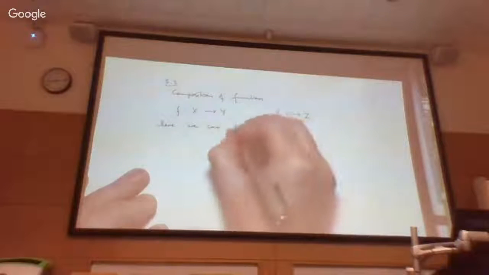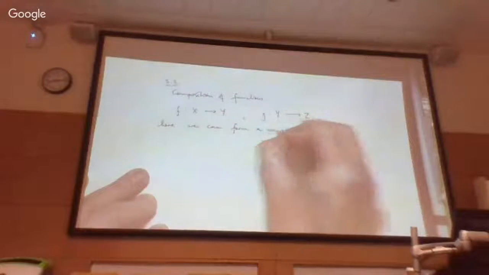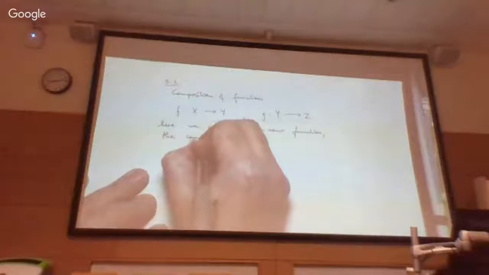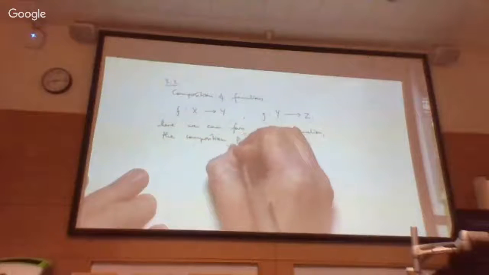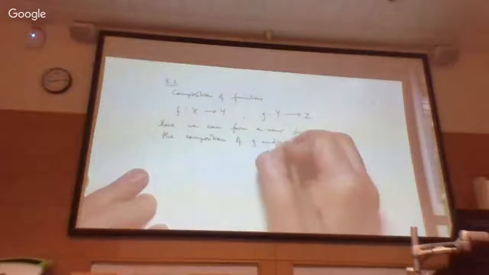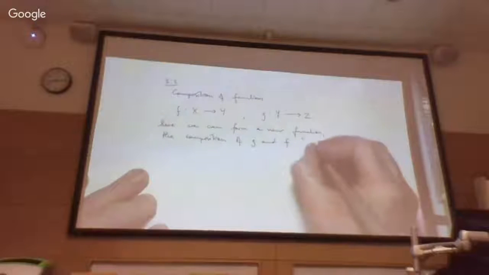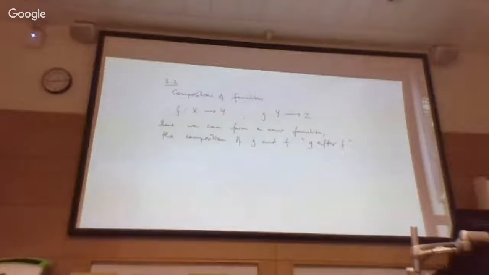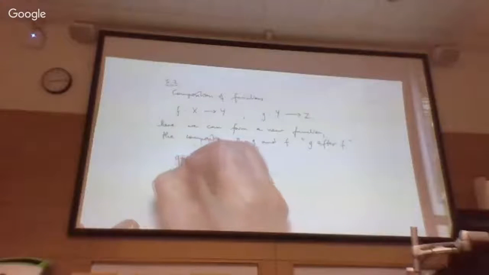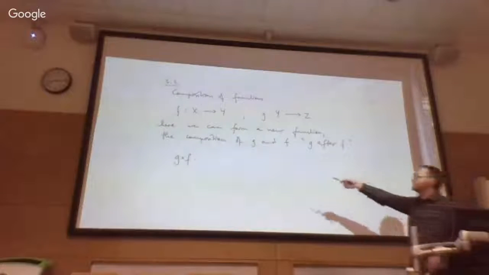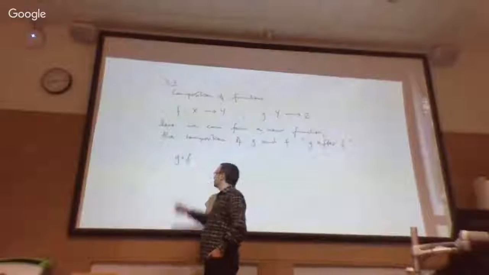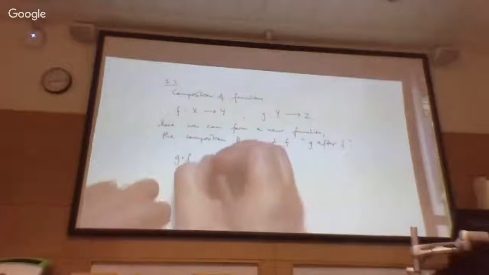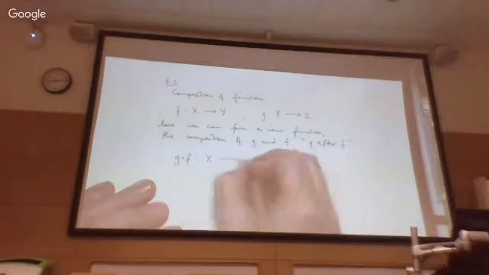So here we can form a new function called the composition of g and f, or in more everyday talk, g after f. The symbol we use for it is a little centralized circle dot. Okay, that's the composition operator. And it's a function that goes from the domain x to the codomain z.